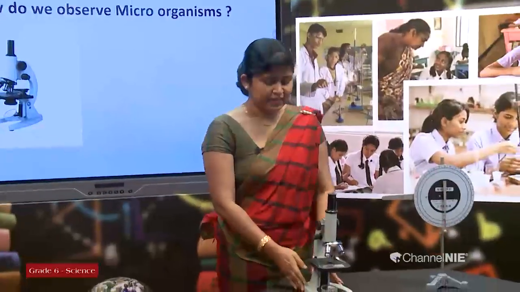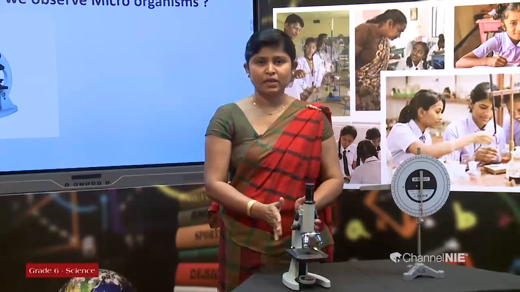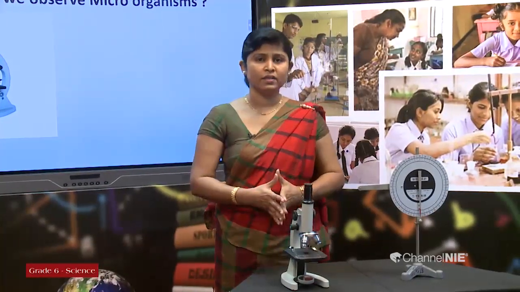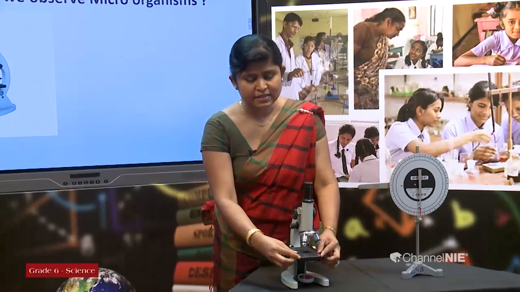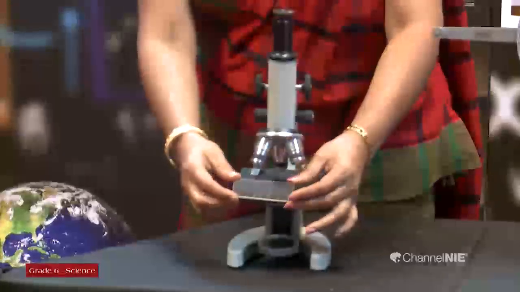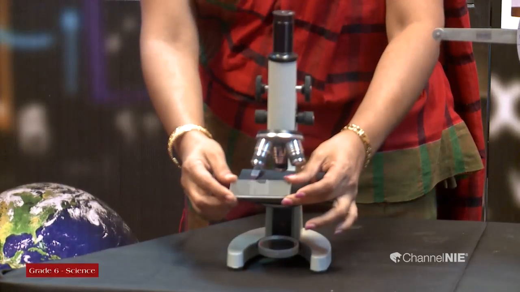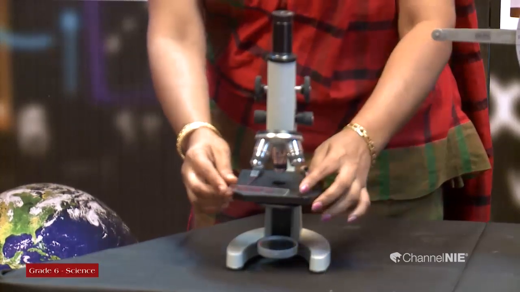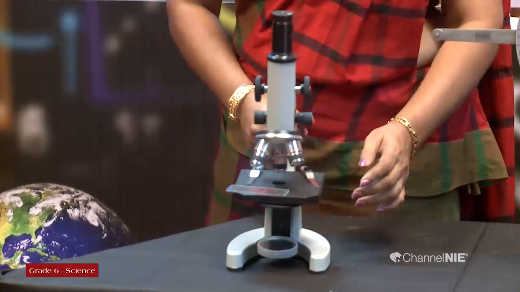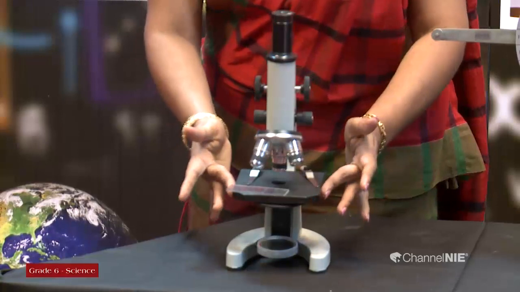My dear children, this is a light microscope and we can call it compound microscope. You can see that there is a glass slide, right? The specimen to be observed should be kept on this glass slide and it is kept on this stage.